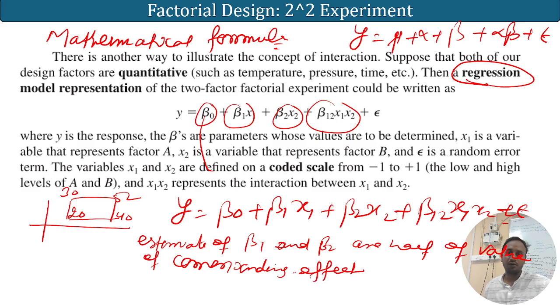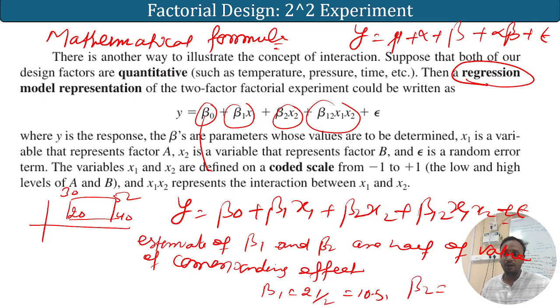Beta 1 for factor A: we calculated 46 minus 25, so it was 21 by 2, that is 10.5.